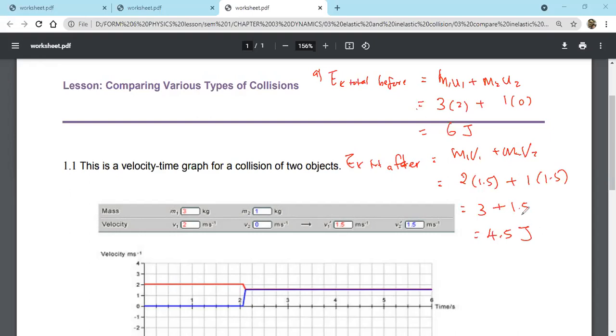So the total kinetic energy is not conserved.